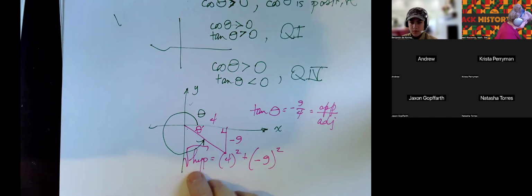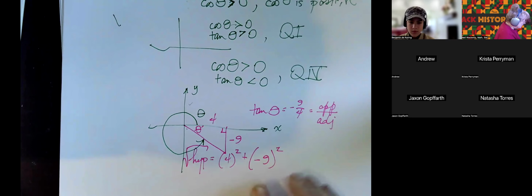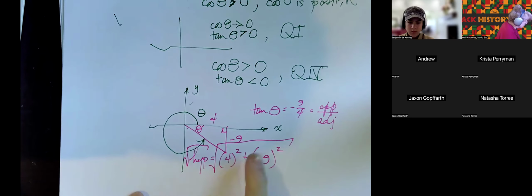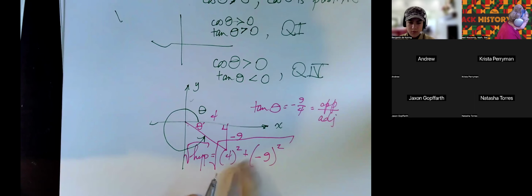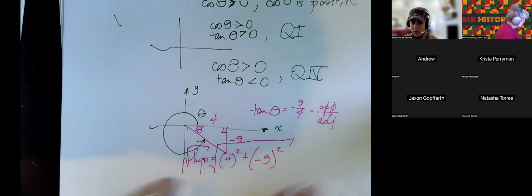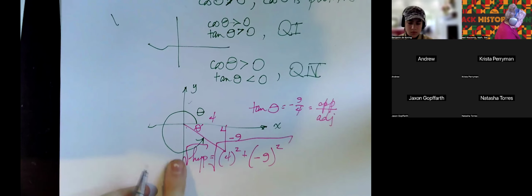Perfect. So the hypotenuse is going to be the square root of the square of 4 plus the square of -9, and the square root of that whole thing.